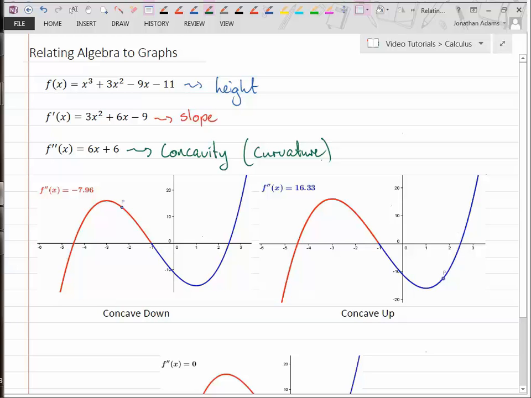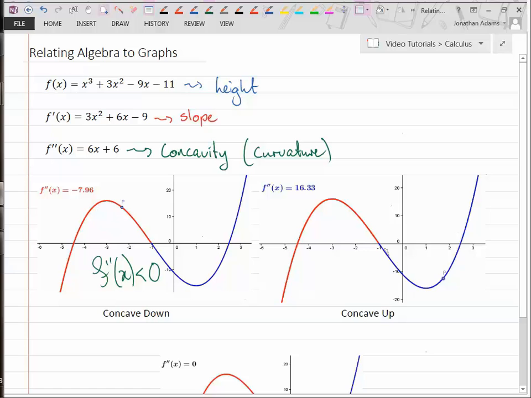Okay, so if the second derivative is negative, it means that we're in a location like this one, where the graph around it is concave down. It's curving downwards. So in situations like this where it's concave down, we expect the second derivative to be less than 0, to say it's curving downwards.